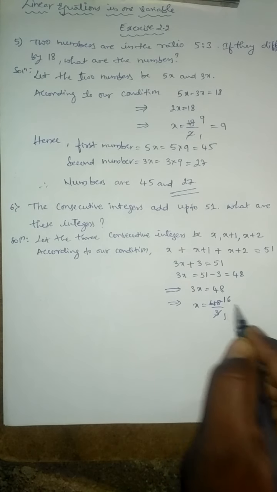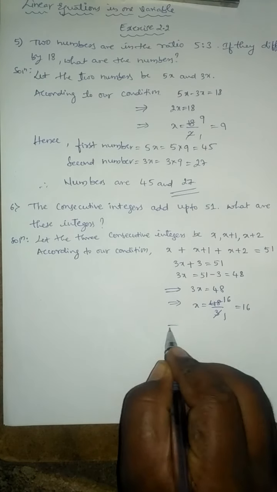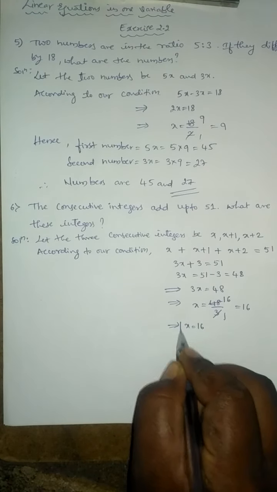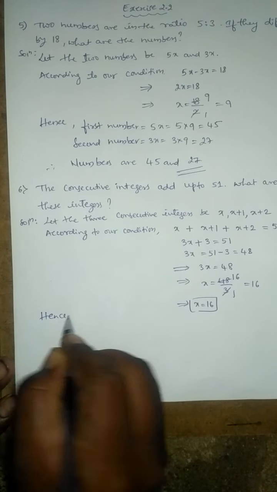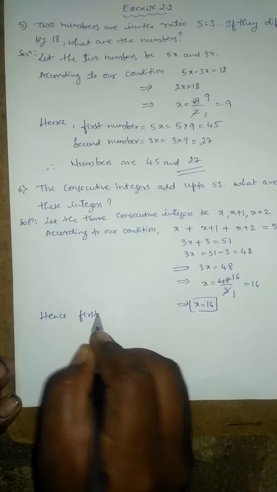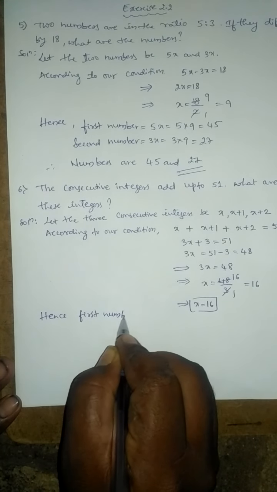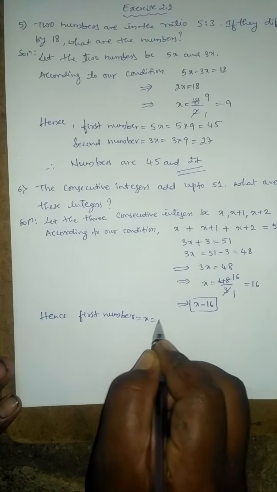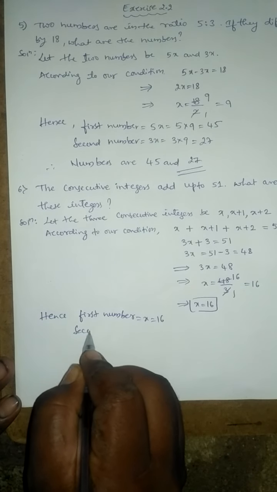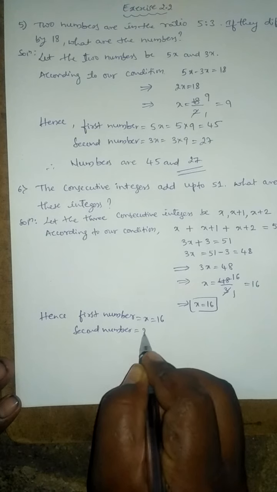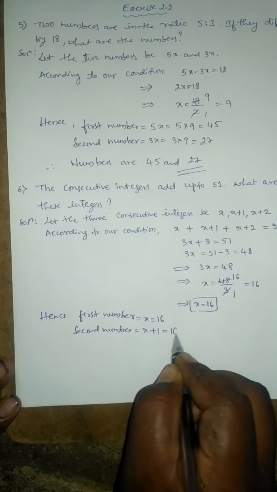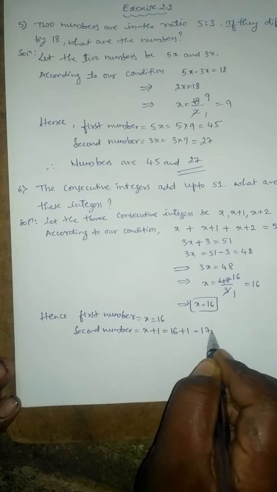3 ones are 3, 3 sixes are 18... so which implies x is equal to 16. Hence, first number, that is x is equal to 16. Second number, it is x plus 1, that is equal to 16 plus 1, that is equal to 17.